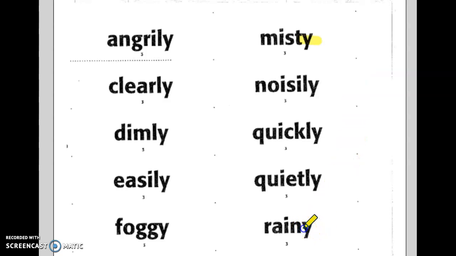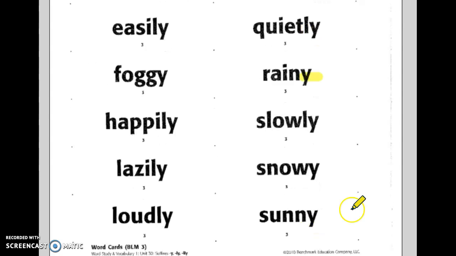Rainy is another example that has the suffix y added to the word rain. Sunny is another example of a word that has the suffix y added to the end of it.